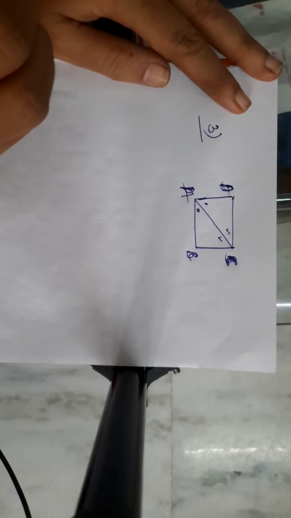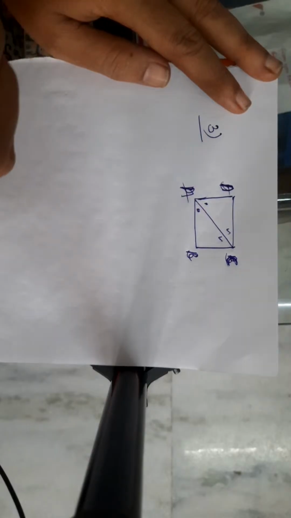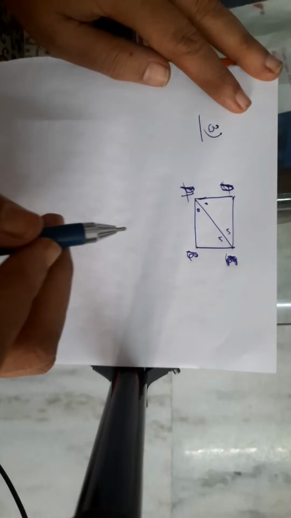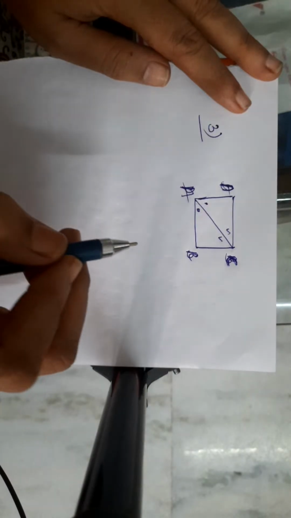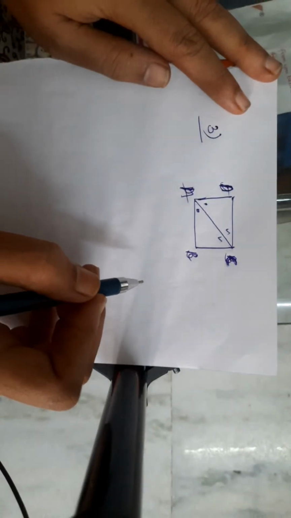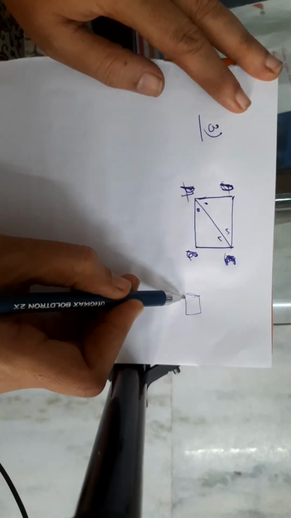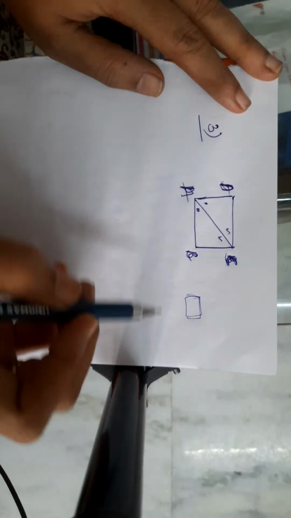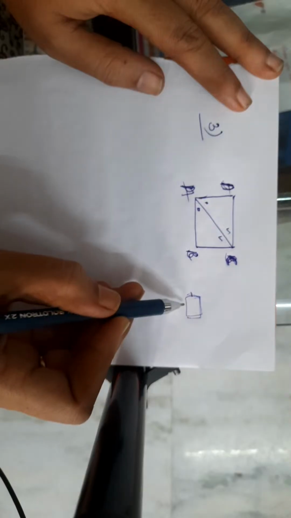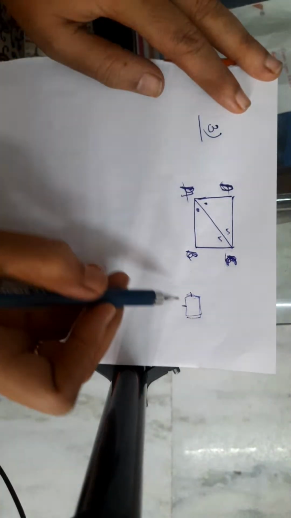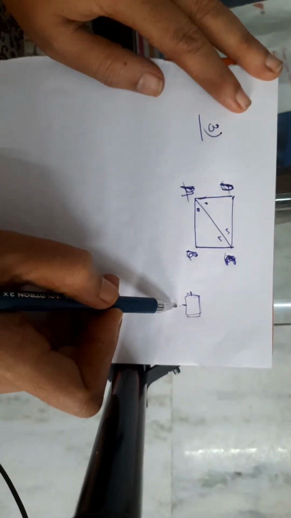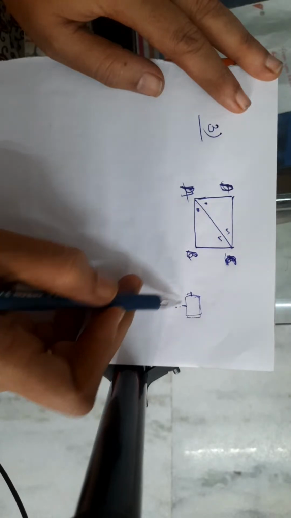And moreover, ABCD is a rhombus. So what is the difference between a square and a rhombus? If they ask us to show any figure to be a rhombus, it's very easy. If a parallelogram is there, to make it a rhombus we only need to show that adjacent sides are equal. If we prove that its adjacent sides are equal, we can say it is a rhombus.